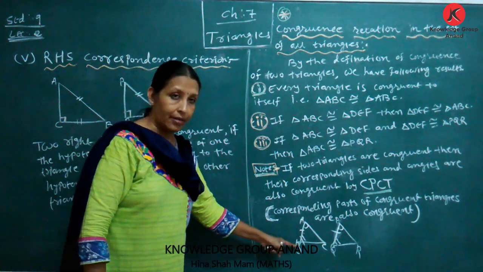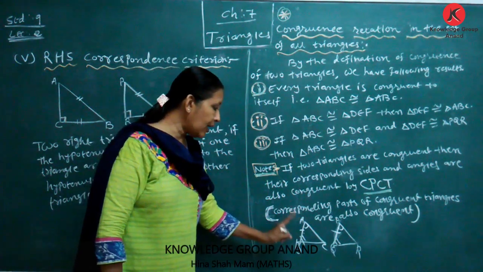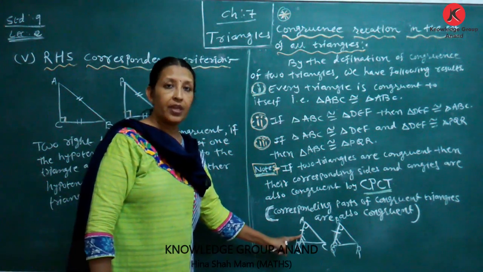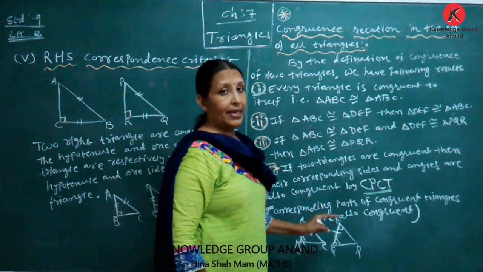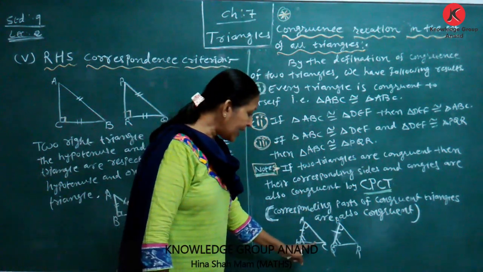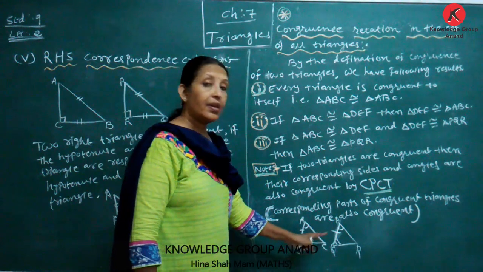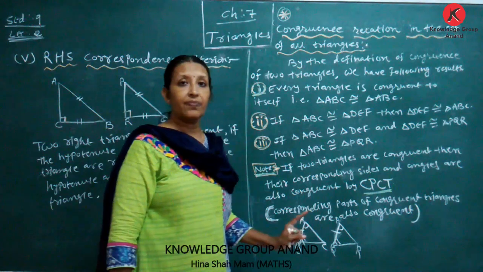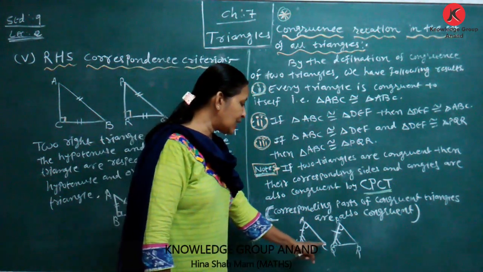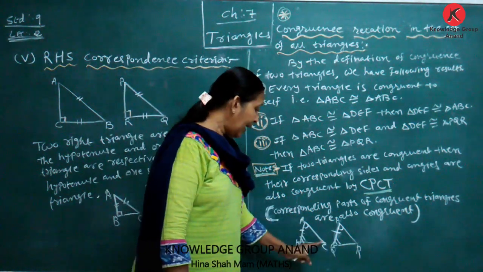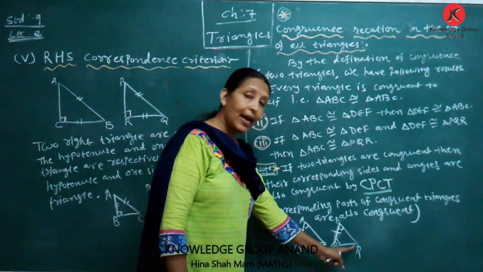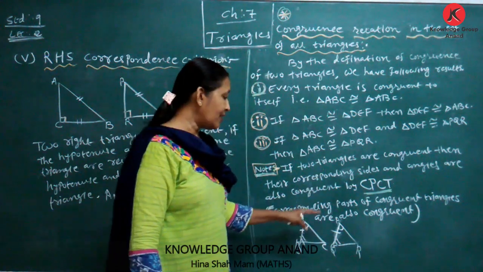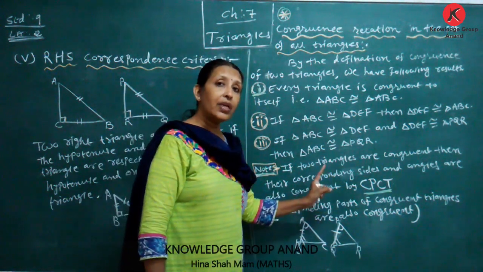ASA. Here three parts are congruent: two angles and one side. Which three are the remaining parts? Two sides and one angle. These three parts are corresponding to each other, congruent. Then BC equals QR, AC equals PR, and angle C equals angle R.